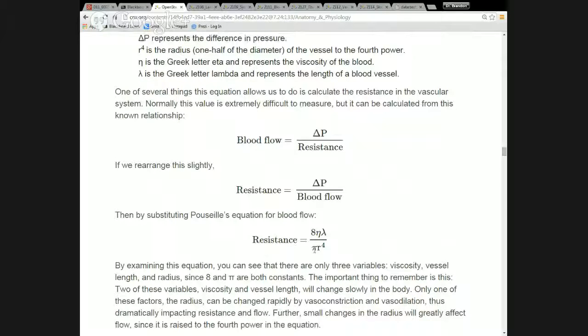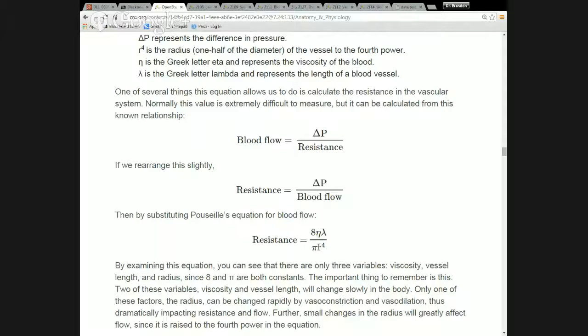Part of what I want to mention, the denominator down here, pi r to the fourth. Pi is the constant that's related to the ratio of the circumference of a circle to its radius. So pi times r, and r being the radius, to the power of 4 is one of the factors that influences the value of resistance.